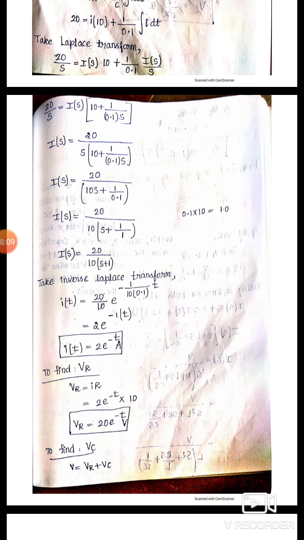Therefore I of S is equal to 20 divided by 10 into S plus 1. So this is our I of S equation.